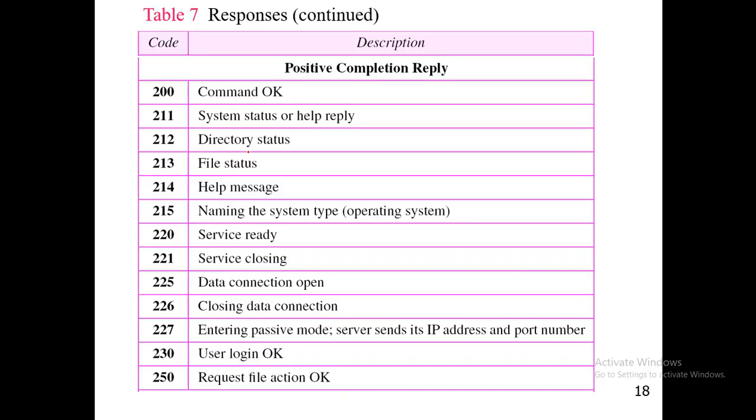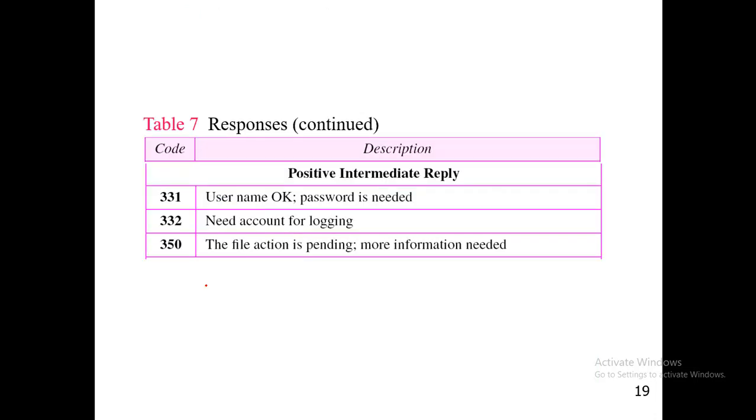For example, if you want to see the file status, you can go with 213. If you want to see if the data connection is open or not, you can go with this code 225. Similarly, user login OK is 230 actually, and closing of data connection is 226. These are some important ones. Not every one is important.